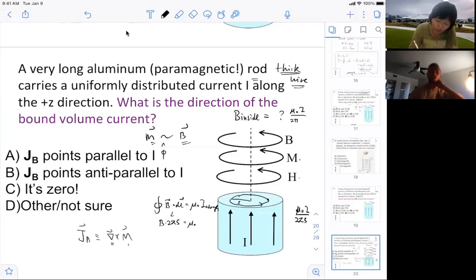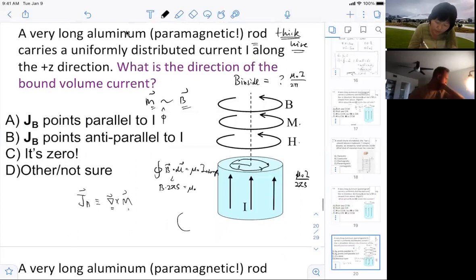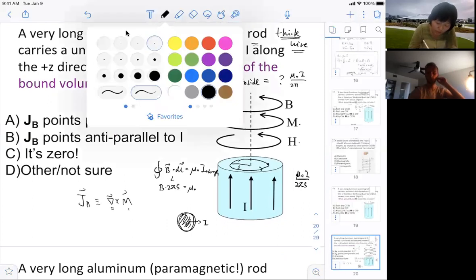Is it just I or is it part of I? I is flowing all across this cross section of the wire. That's I. But now I'm only looking at a portion of that.